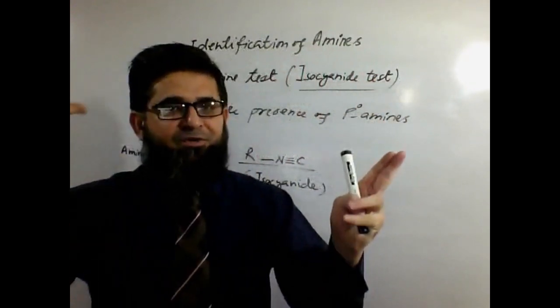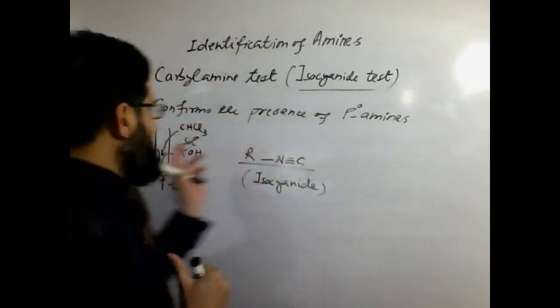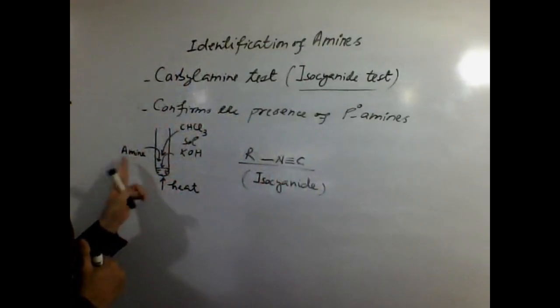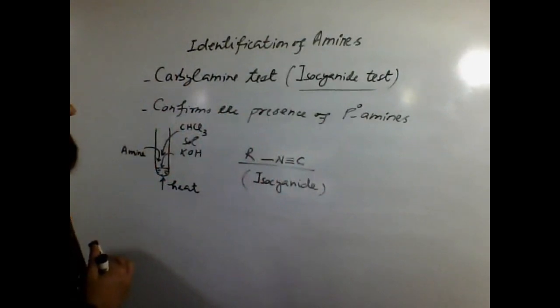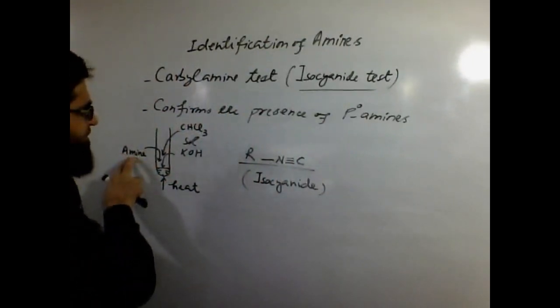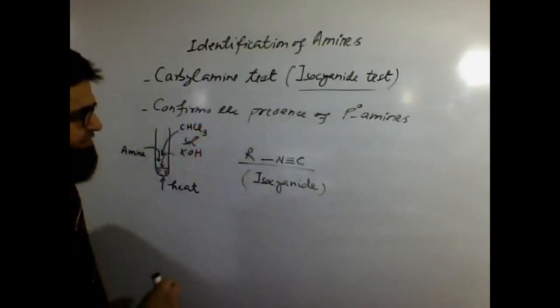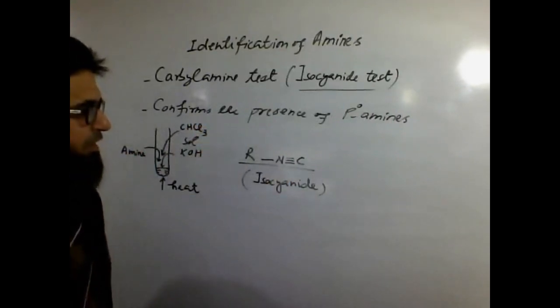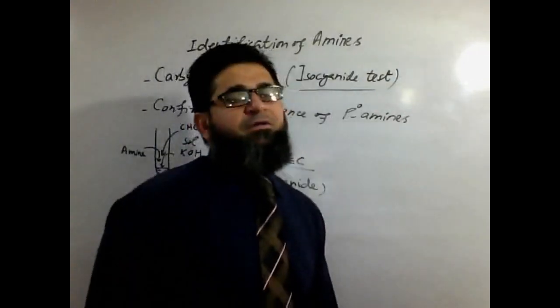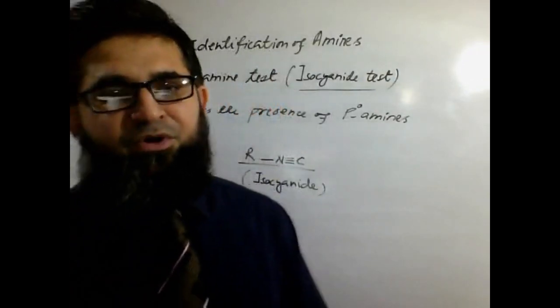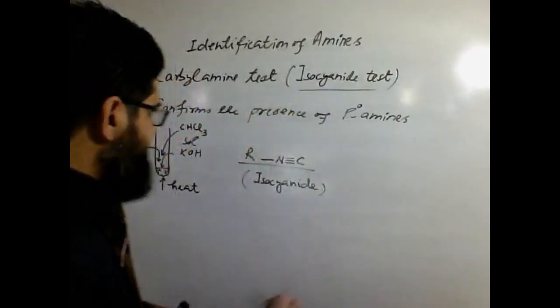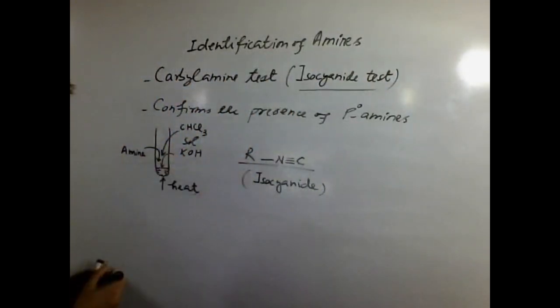So if the compound introduced in the beginning was a primary amine, it would have reacted with the reagents and been converted into the isocyanide. So one can say the given compound was a primary amine. This is how the test is carried out in the lab to confirm the presence of an amine.